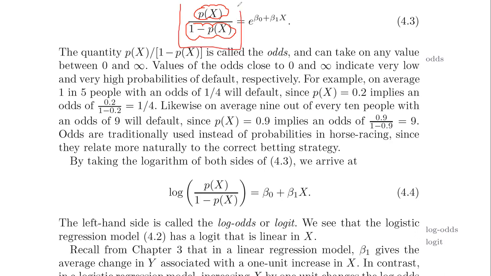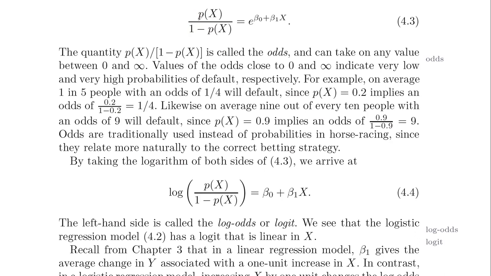The higher this ratio is, so for example 9 is higher than 1/4, the more likely it is that, given balance X, there is a default.